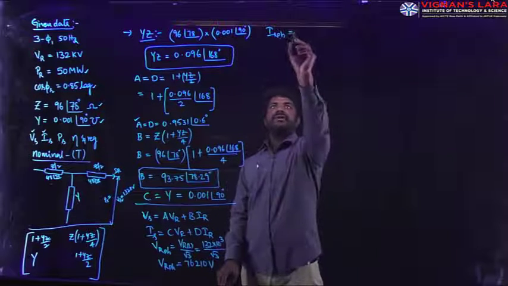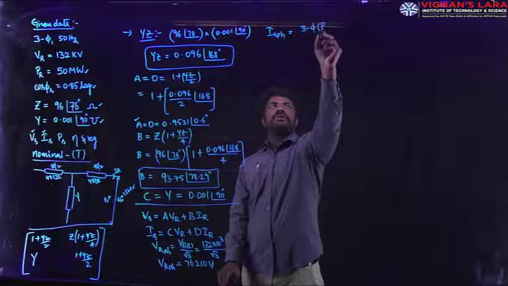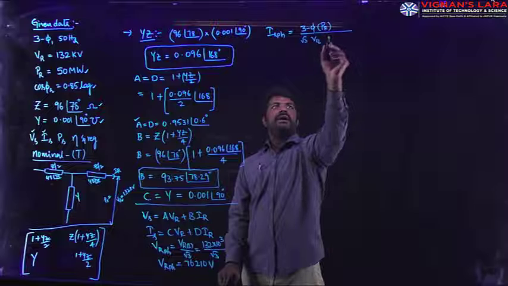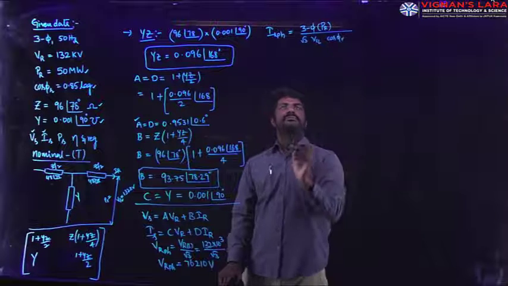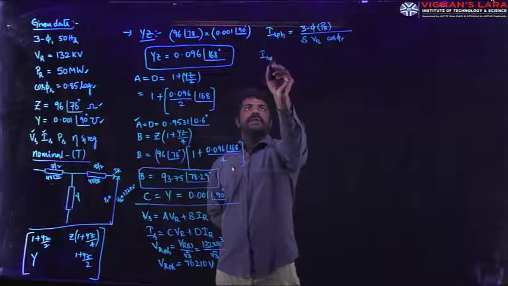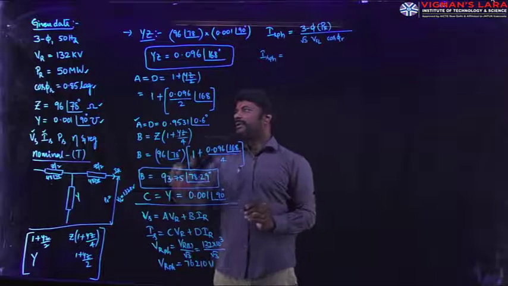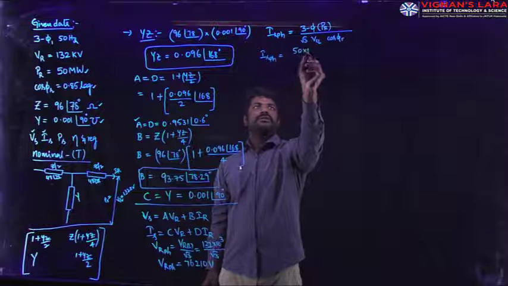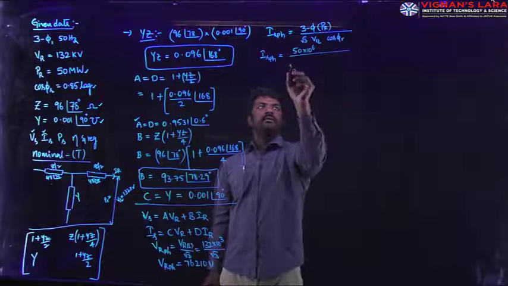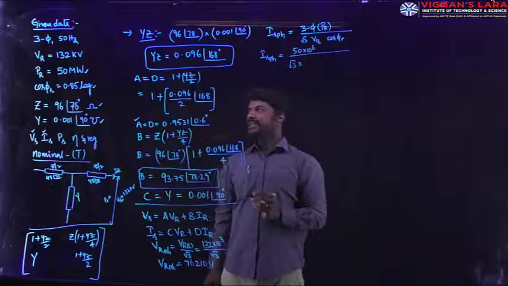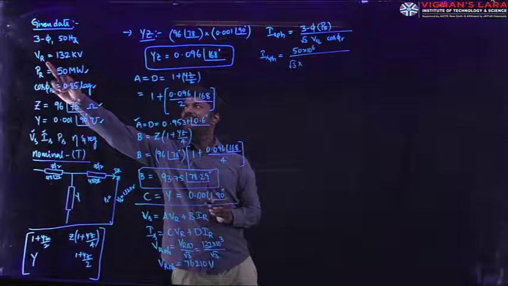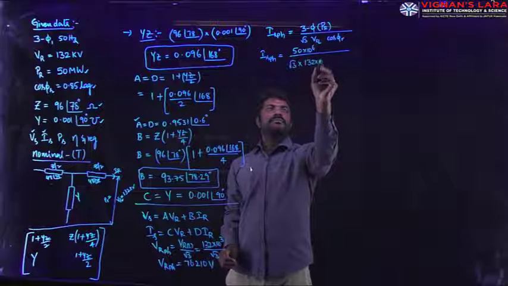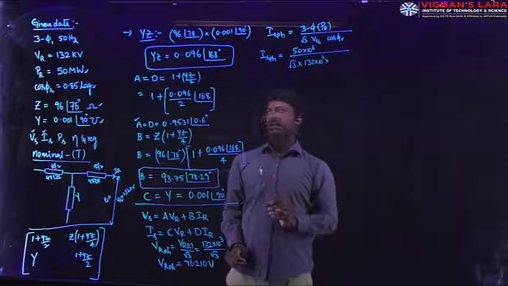Then IR per phase is equal to the 3-phase power formula, PR divided by root 3 VRL cos phi R. So IR per phase is equal to the 3-phase power, yes, this is 50 megawatts, 50 into 10 power 6, divided by root 3 times the line voltage on the receiving end side, yes, directly 132 kV, multiplied with the load power factor.